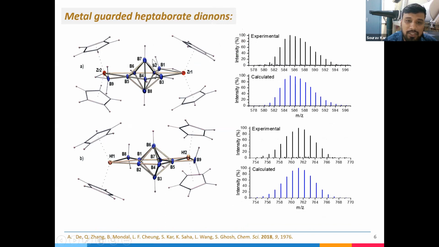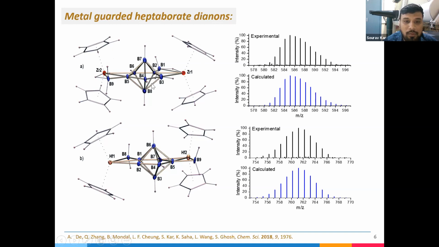The X-ray study shows that this compound has a B7 core, a pentagonal bipyramidal core, which is supported by the Cp2M BH4 fragment from both sides. The hafnium analog of the same was also isolated.